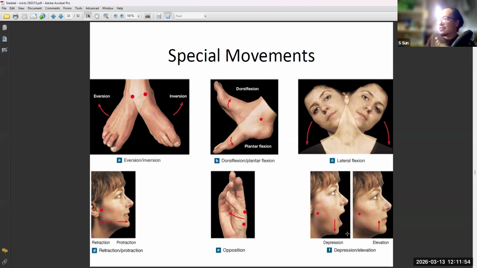You can have your jaw, right? Depression, elevation. This one is called opposition. This is the jaw again, protraction or retraction.